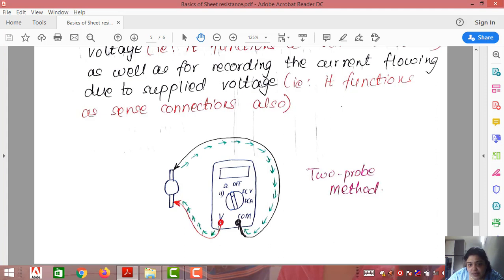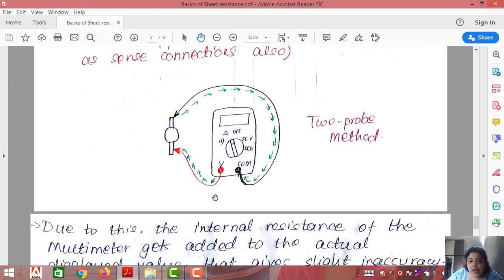So suppose I say this is the voltage being supplied to the resistor and it is like this. So we get the source as the circuit is complete. How will it measure? Whatever is the value of resistance will come back like this. So these two probes are used as the source, and these two probes are also used as the measuring or sensing probes. So what happens in this case?